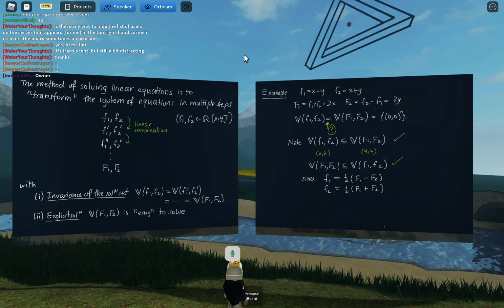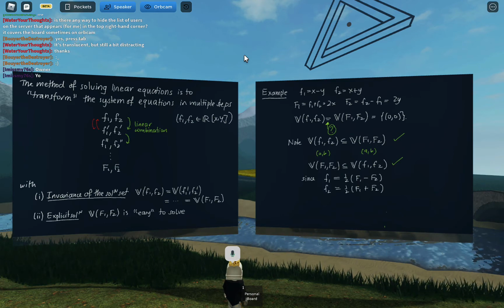Okay, so this reveals the general trick. If I want to make the kind of transformations that I outlined on this board here, and preserve the set of solutions, I want, in some sense, this to work in both directions. I want each line to be a linear combination of the one above and the one below. And then it'll work.